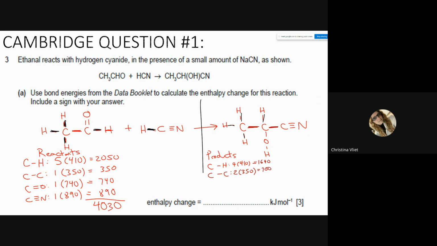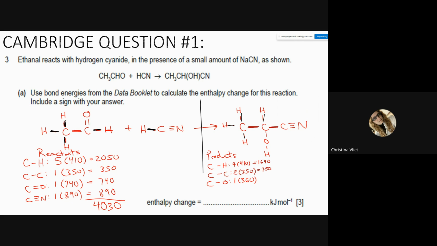What's our next type? CO. We didn't have that before on the other side, so I have to pull the number. What's CO? Single bond O is 360. Does it make sense before moving forward that C single bond O is 360, but C double bond O is 740?